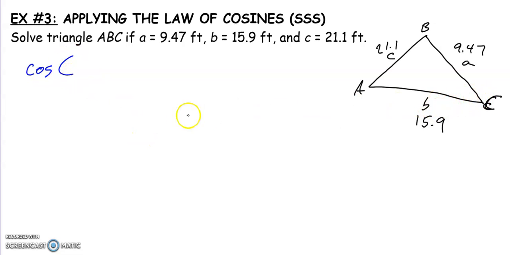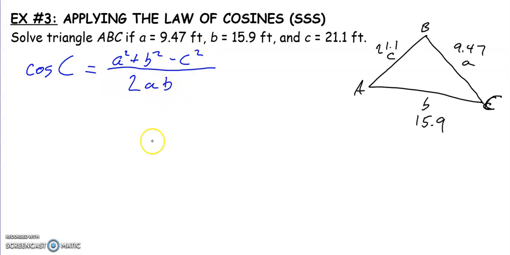So let's find the cosine of angle C. Why C? That's why I just picked one. So the cosine of angle C is going to equal, we figured this out in the first video, a squared plus b squared minus c squared all over 2 times a times b.